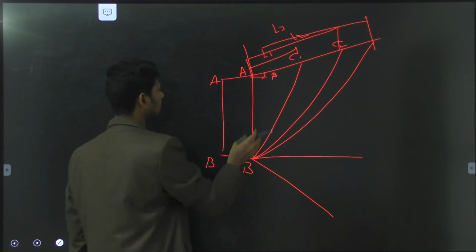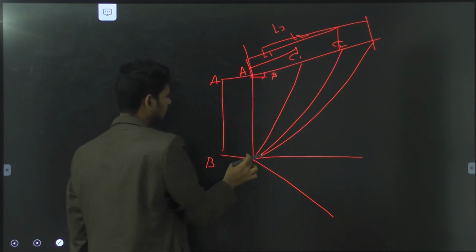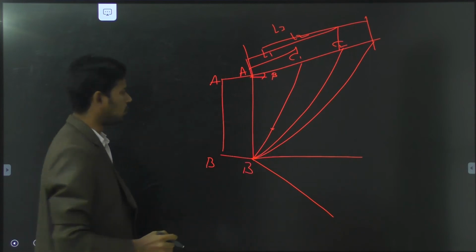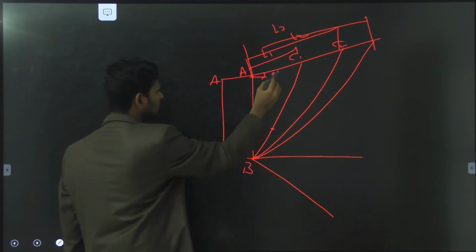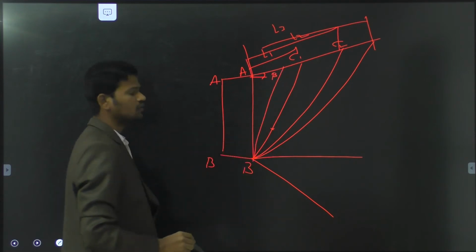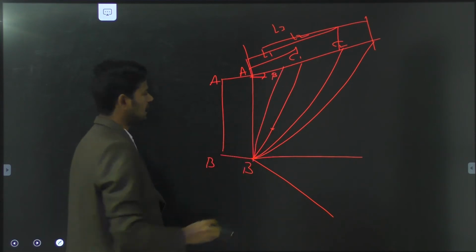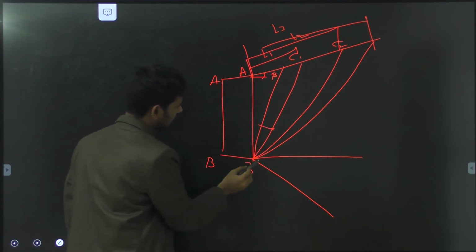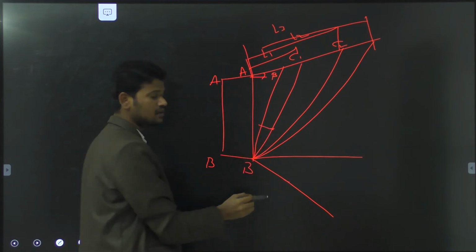Now, what we are doing is, for AC length, from this point we are correspondingly drawing one point, and based on this weight of the wedge we are assuming one failure wedge of the soil mass. From this diagram we are drawing a parallel line corresponding to this point.